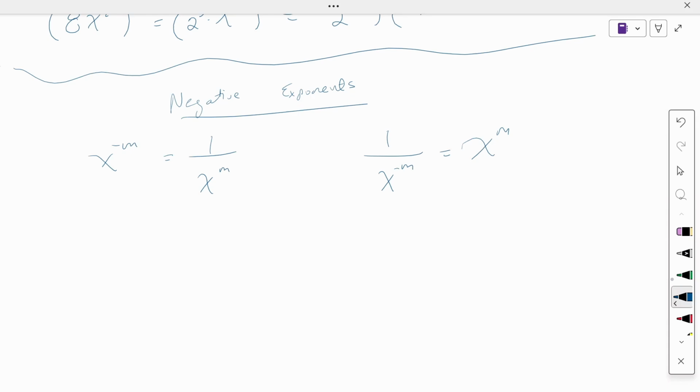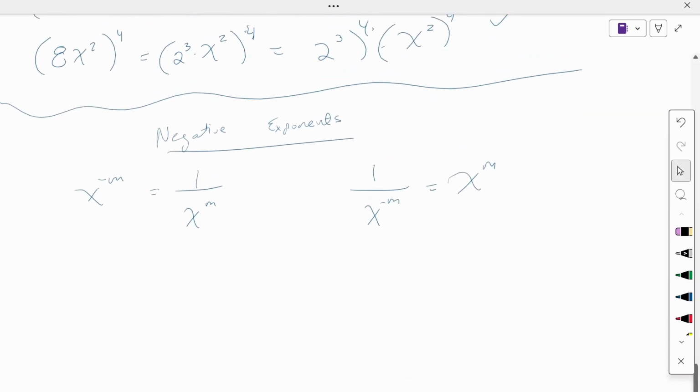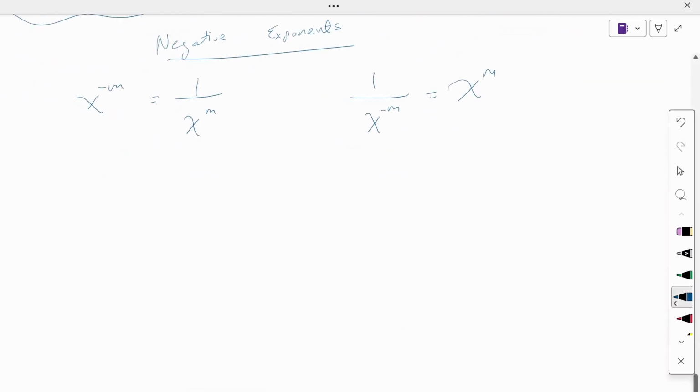Now, how this arises is actually due to just the properties of division in general. And so, just for example, let's say we take a sufficiently large value, like 2 to the 5th. If you have 2 to the 5th and you divide it by 2, you ask yourself, what exactly happens here?